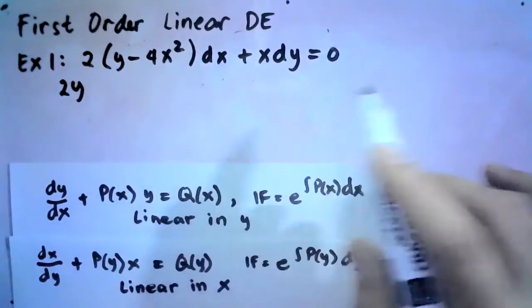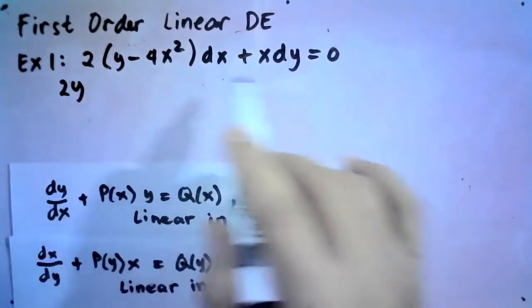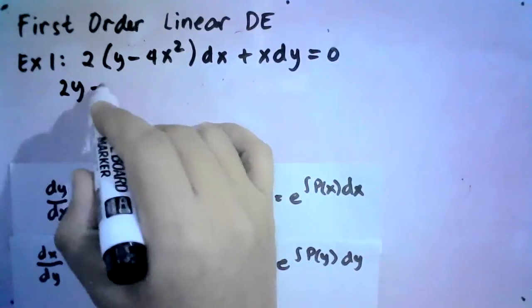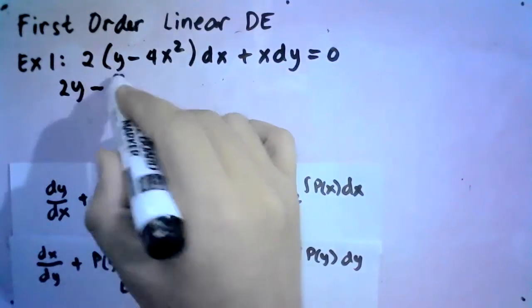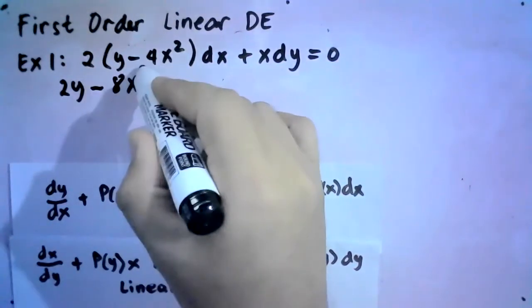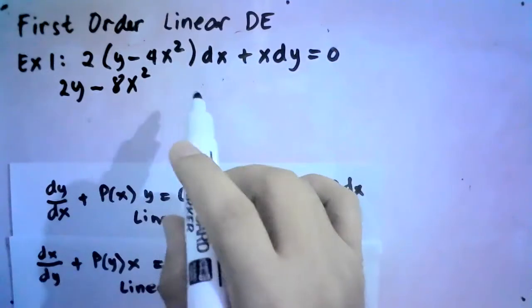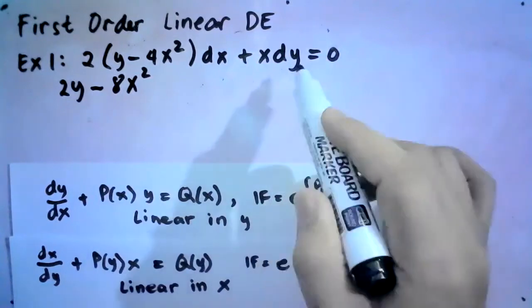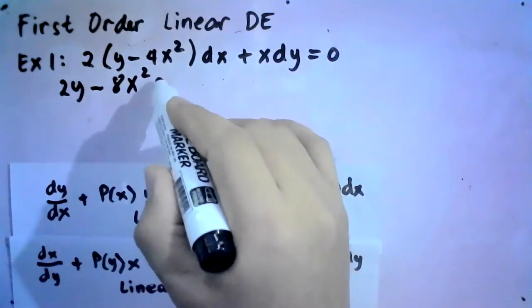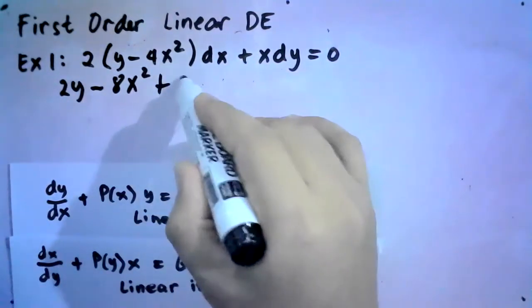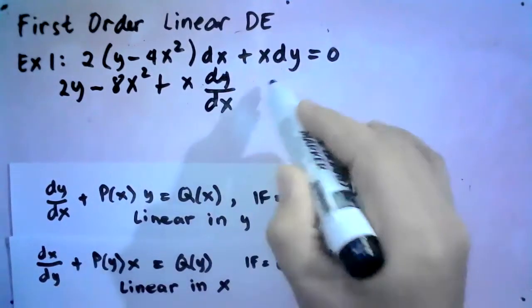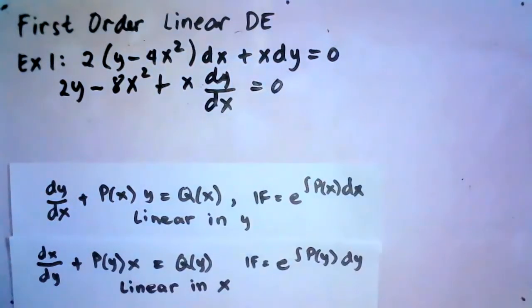I will transform dy over dx later. 2 times y equals 2y minus 2 times 4, that is 8x squared. And then I will transfer dx as a denominator for your dy. So that is equivalent to plus x dy over dx, which is equivalent to 0.